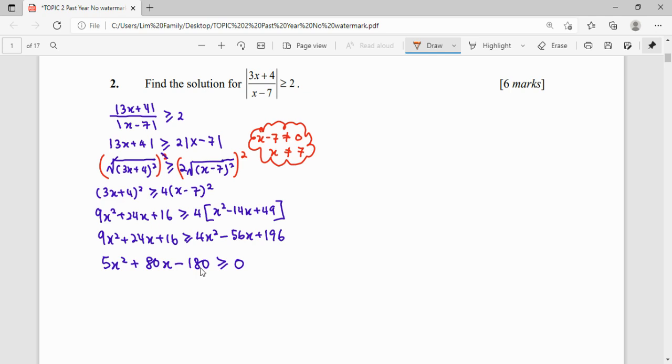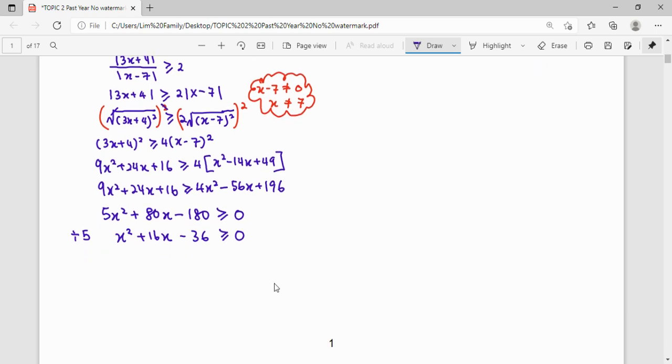So we will simplify it by dividing these inequalities by 5 in order to get x squared plus 16x minus 36 greater equals to 0. Then we do the step of factorization and we will draw our graph.